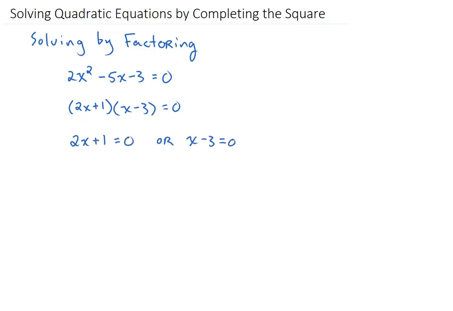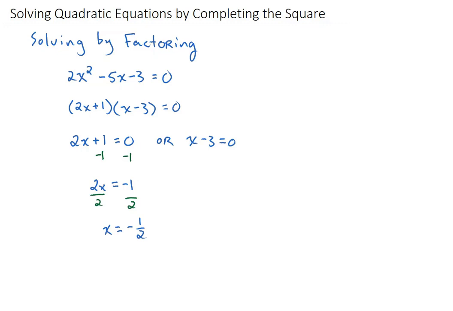So that gives us the equation 2x plus 1 equal to 0 and the equation x minus 3 equal to 0. So solving the first equation there, I need to subtract 1 from both sides, and that's going to give me 2x equal to negative 1. And then to finish solving, I'll have to divide by the 2 on both sides. And that means that x equals negative 1/2.